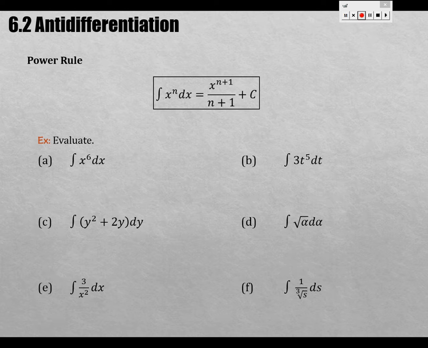So let's do these, and by evaluate I just mean give the antiderivative, give the indefinite integral, and don't forget the c, right? So in a second, I'll call on some people to do them.